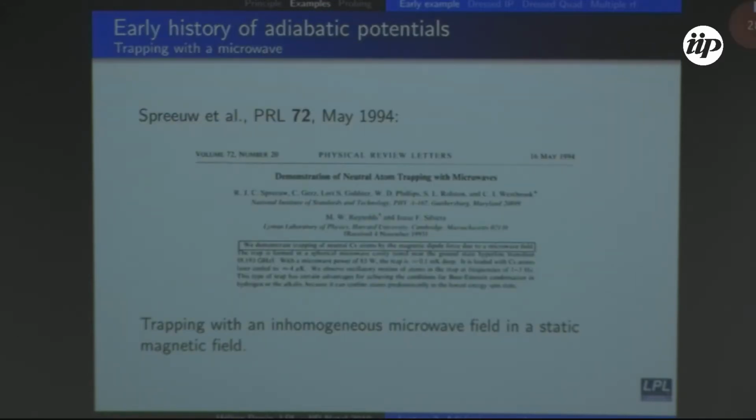So first, I would like to mention a first realization in the 90s already, in the group of Isaac Silvera, with Bill Phillips as a co-author, Chris Westbrook, Robert Spreeuw, who showed that with a microwave, you could influence the position of the atoms and keep them in a microwave cavity.